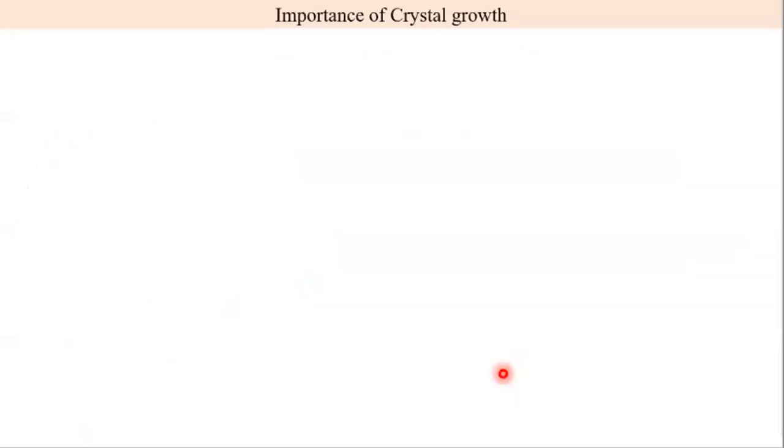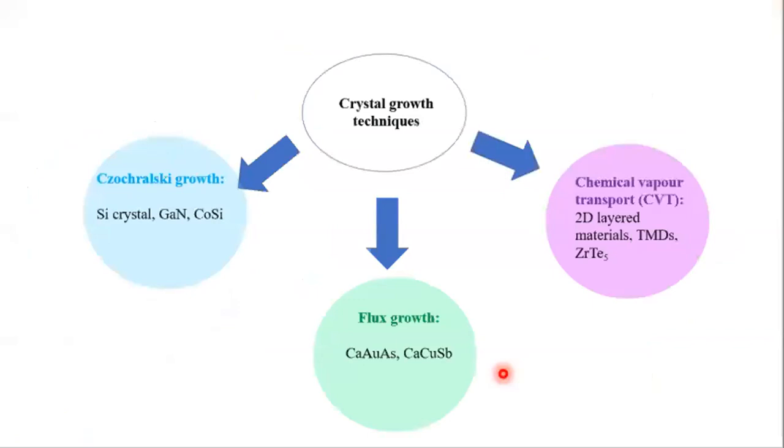Coming back to the different types of crystal growth, I will shortly describe three techniques which we also employ in our lab to grow different crystals. First is the Czochralski method. Silicon crystal is basically grown by this technique, and also gallium nitride or cobalt silicon. There are many materials.